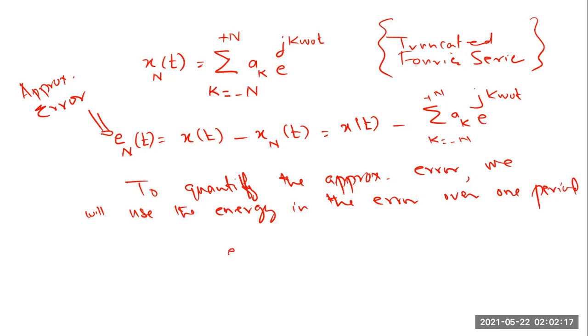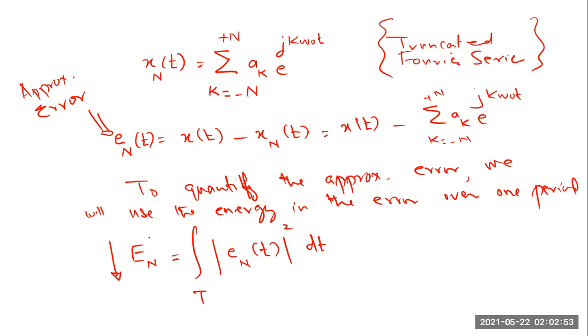What we need to do is take the error signal, take its magnitude, square it, and then integrate it over one period. Whatever result we get, we will call it E sub N, and E sub N is the energy present in the error signal. Now, if you want to improve your approximation, of course, you will want E sub N to be as small as possible.